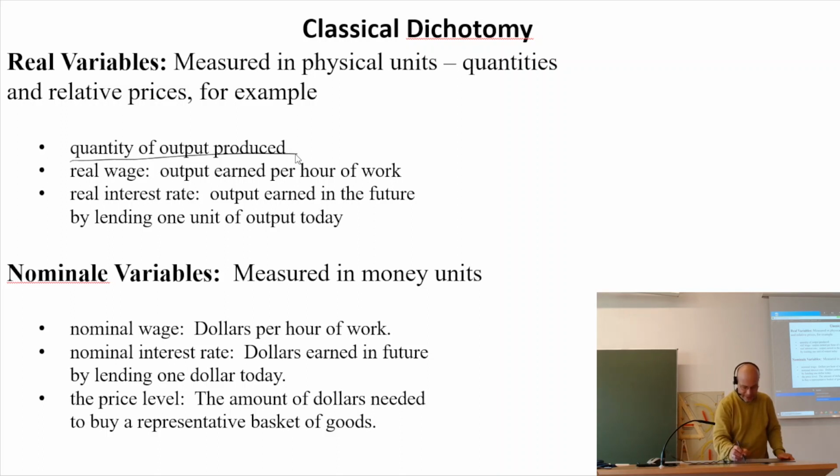And for real variables, we only look in the production at the quantity, and only at real wages. This is what we have done in the Fisher equation. This we have to do for all variables. We always have to revalue this with the prices, real interest rates. This is the Fisher equation.